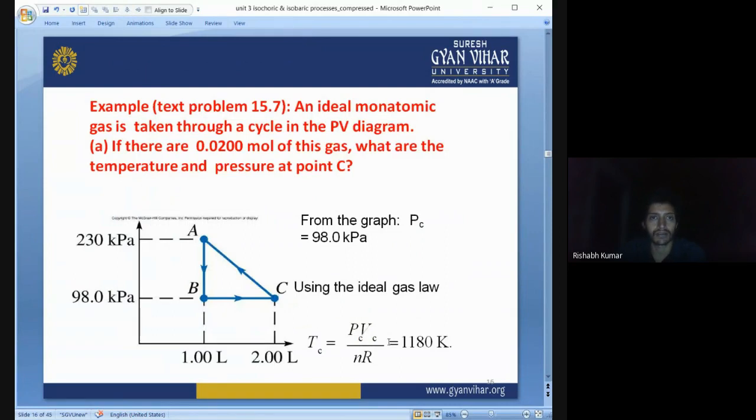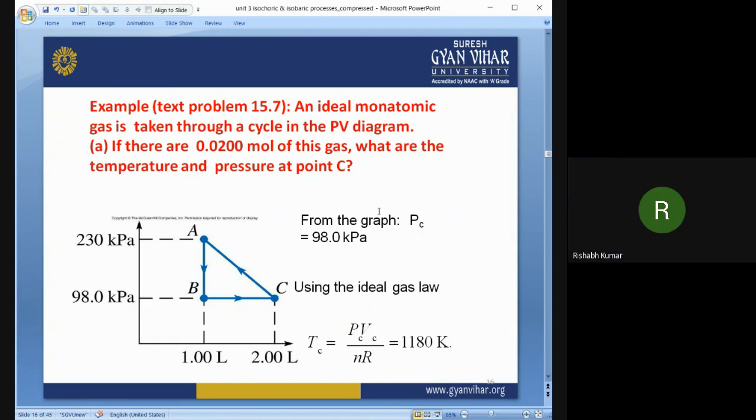Okay, so let us see some examples. An ideal monatomic gas is taken through a cycle diagram. If there are 0.0200 mole of this gas, what are the temperature and pressure at point C?